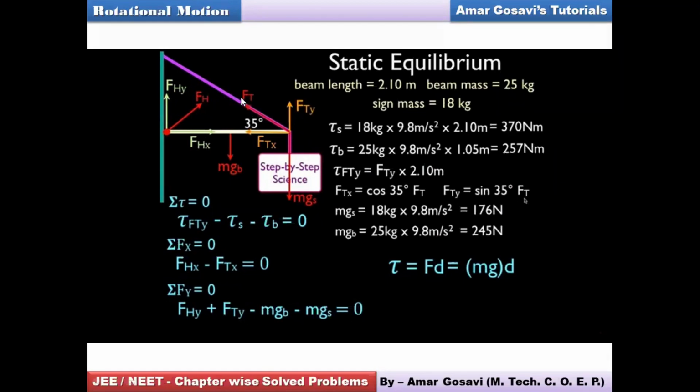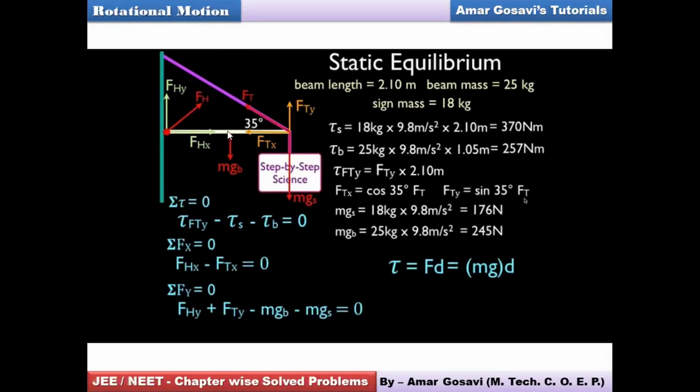The tension force in the string, the angle is 35 degrees. You can resolve this Ft also into two components, Fty along y and Ftx along x. There is some weight attached over here which acts vertically downwards as Mgs. It's a steel beam basically.